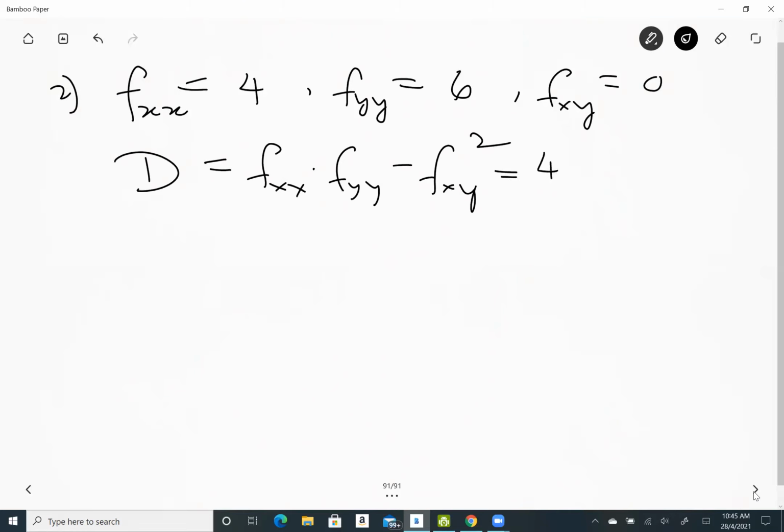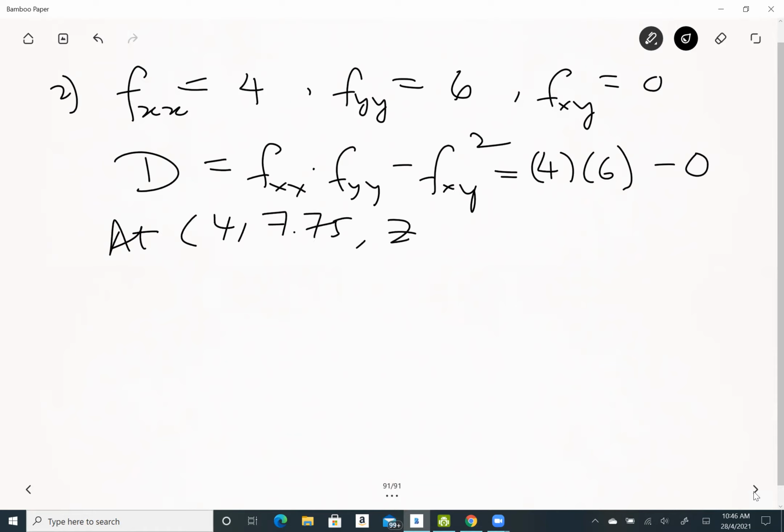That will be equal to 4 times 6 minus 0. So evaluate at the critical point, (7.75, 4). You could find the value of z0, but for now we don't need z0 because we want to evaluate D. We need only x and y.